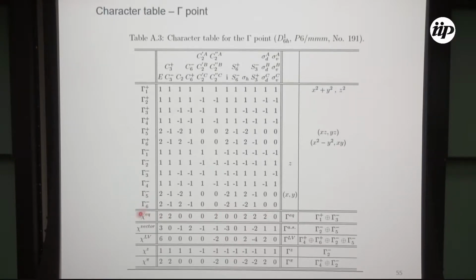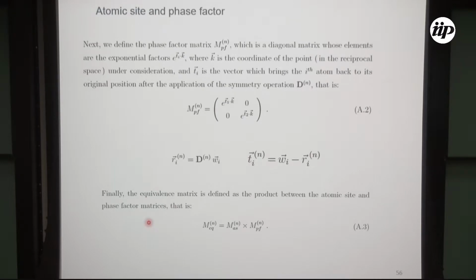But I'm doing the equivalent here. Why? This is not important for the gamma point, because the phase factor is 1 for everybody. But it is important for other points inside the Brillouin zone.